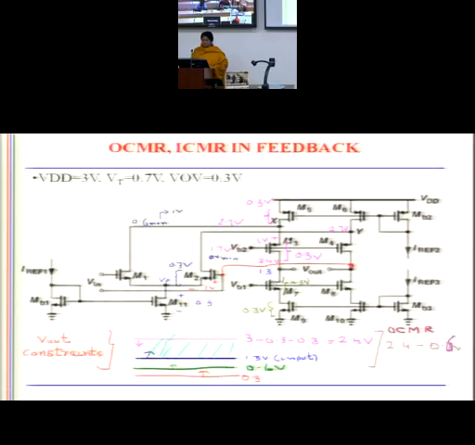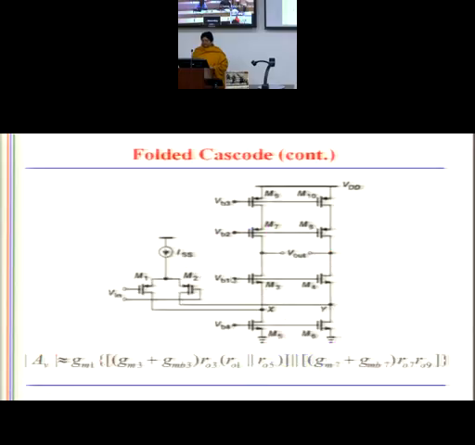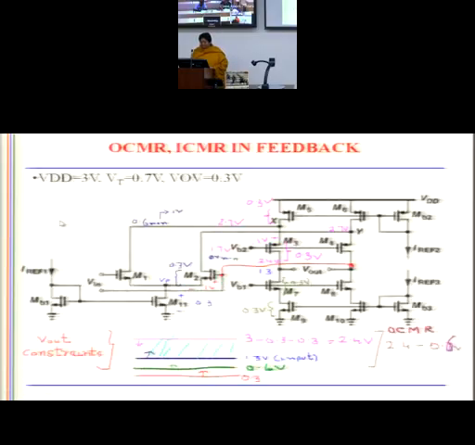Look at this slide. I'm opening it up for you so that you can cross-check. Folded cascade. Now remember, there is a difference. This is a folded cascade with P input. This is a folded cascade with N input. Clear? It hardly matters.